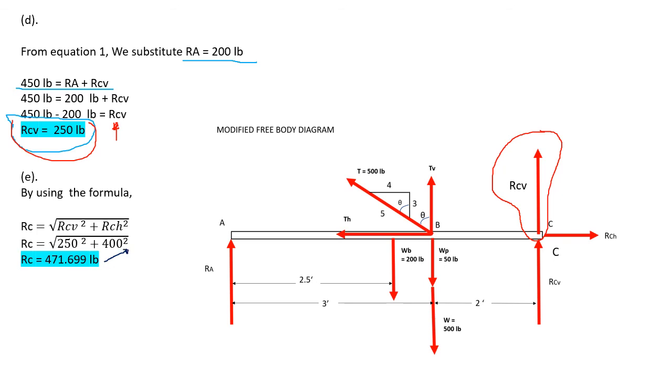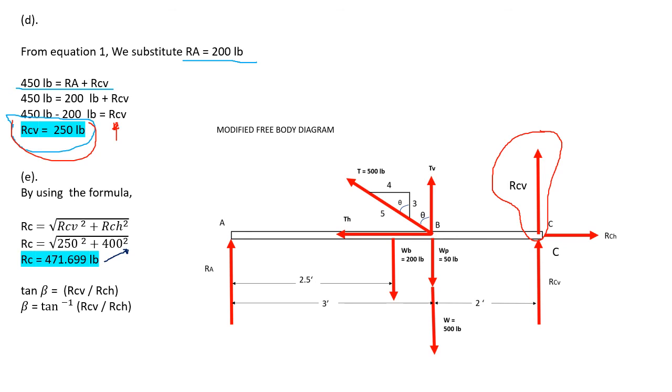And then, since we have the vertical and horizontal components, we can now solve for its angle of direction. So, our equation is tangent beta is equal to RCV over RCH, the reaction at C vertical over the reaction at C horizontal. So, we will now use the arctangent.